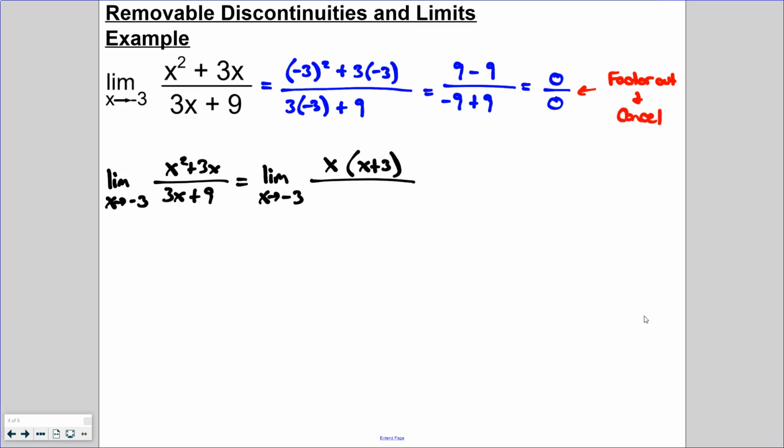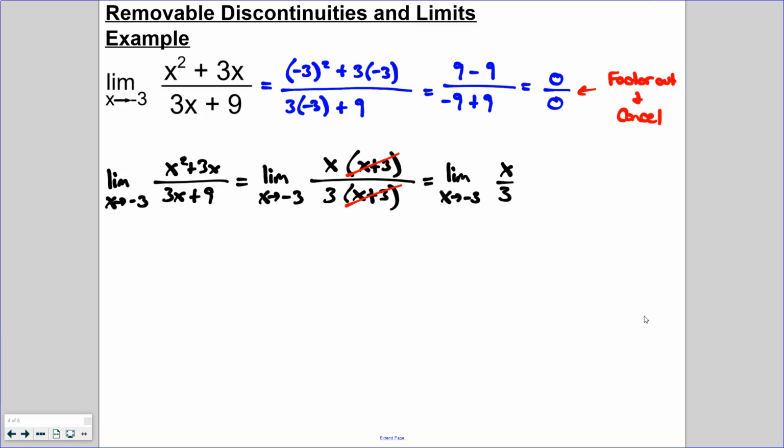We can then factor the GCF out of the denominator, which is 3, leaving us with x plus 3. And wouldn't you know it, we have a common factor. So since we have a common factor in the numerator and the denominator, those can cancel out, leaving us with a simplified function of the limit as x approaches negative 3 of x over 3.